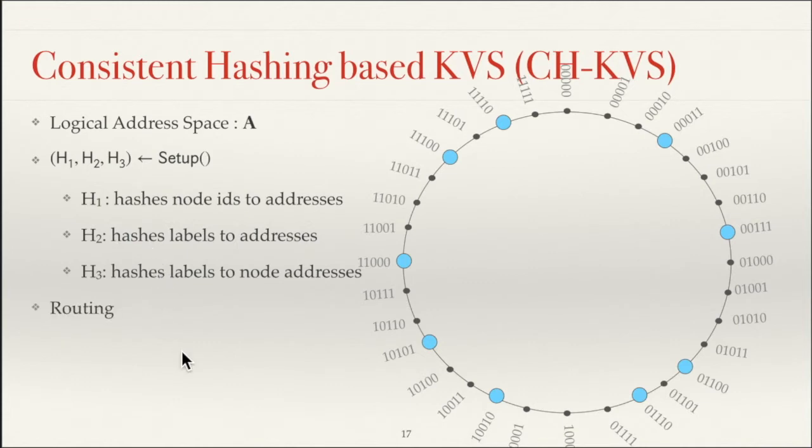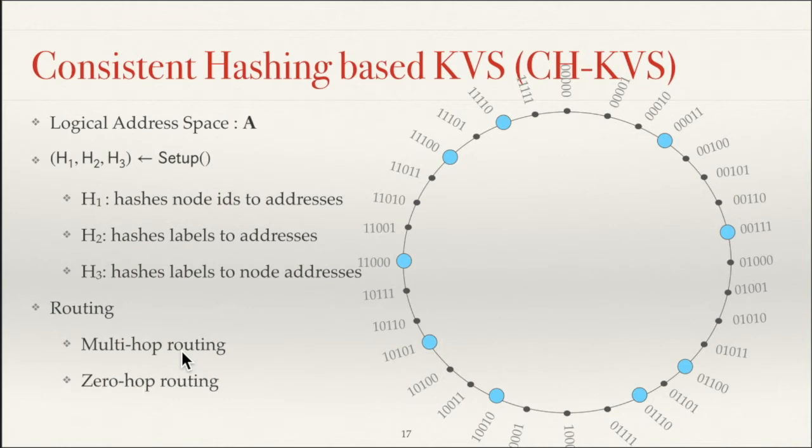Okay, so all the nodes at setup time also set up their routing tables, which enables them to talk to each other. There are two kinds of routing protocols that are most prevalent. The first one is a multi-hop routing protocol in which messages from one node will hop through a small number of nodes before reaching their destination node.